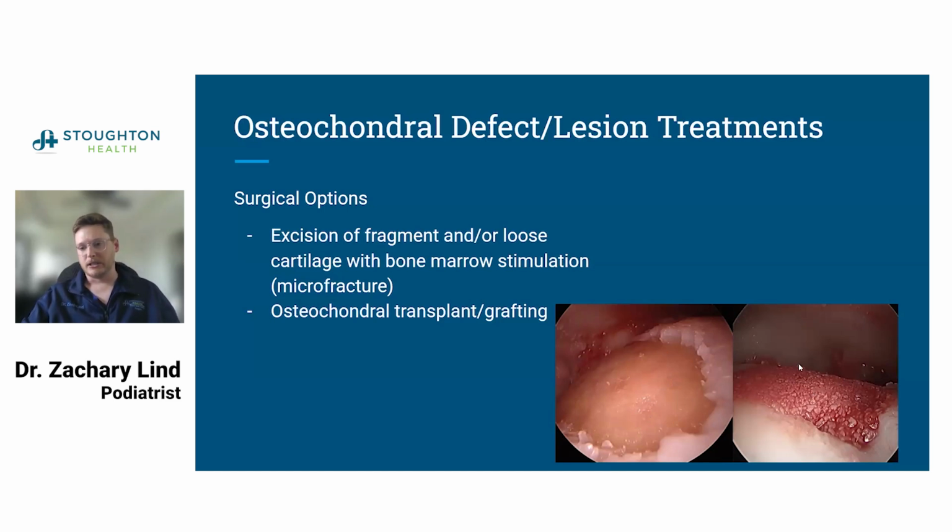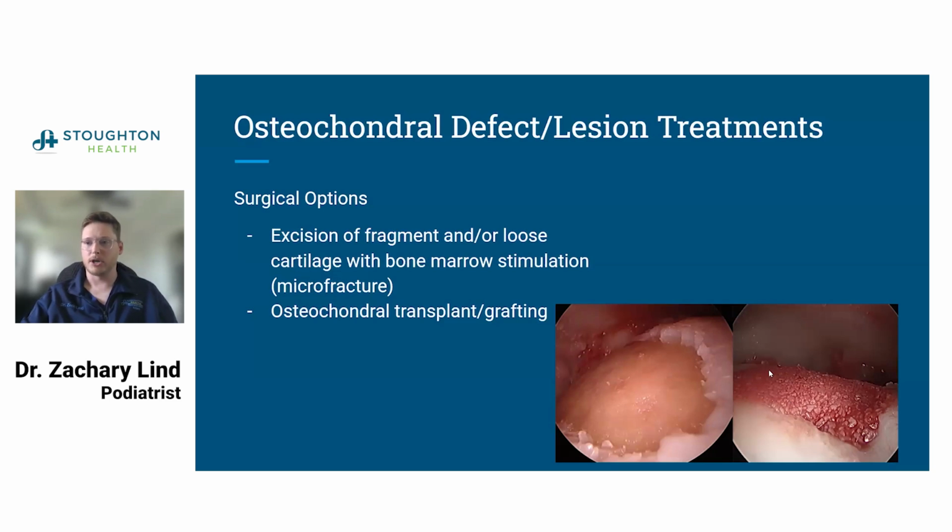And then over here, you can see this is an industry-derived product that uses cadaver cartilage that's mulched up, and it comes in a paste that you can place within this deficit to essentially replace cartilage.